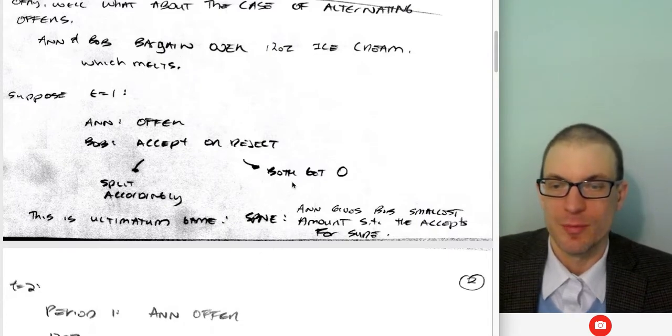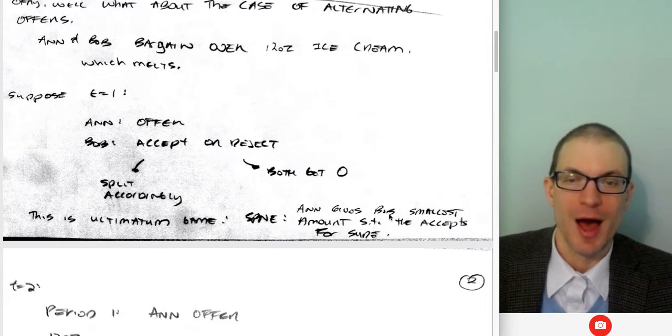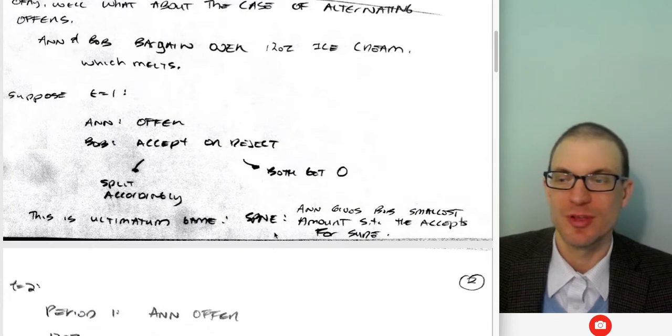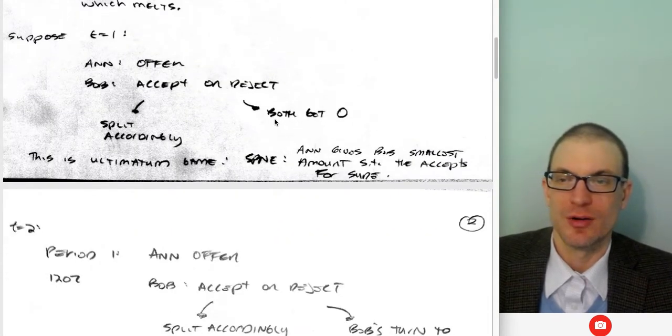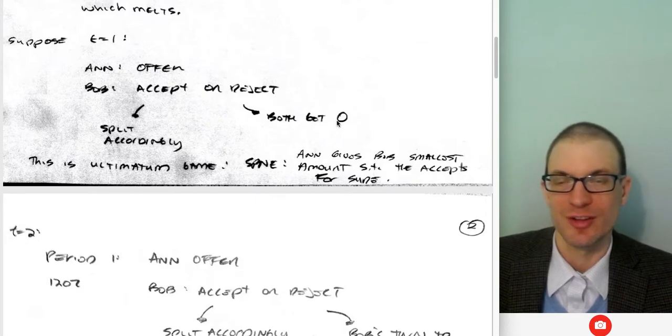But the basic idea back to this game is the subgame perfect Nash equilibrium is Ann is going to give Bob the smallest amount such that Bob accepts for sure. So Ann's going to give Bob just enough to make Bob want to accept. In our example here, Ann actually doesn't have to give Bob anything, because Bob's going to be indifferent between getting 0 from being offered 0 and 0 from rejecting Ann's offer.